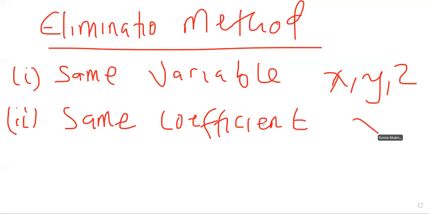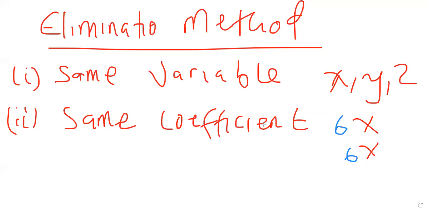When we've got a variable which is x and a variable which is x, the coefficient must be the same. If the number that we have here is 6, even the other variable should have 6. That is what we mean by same coefficient.